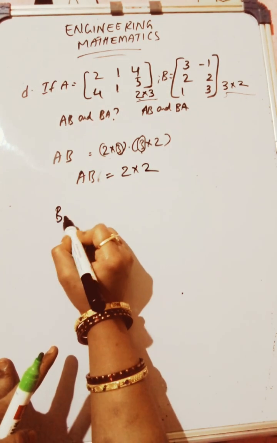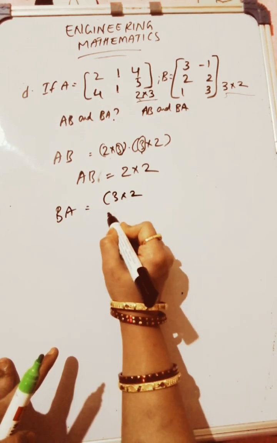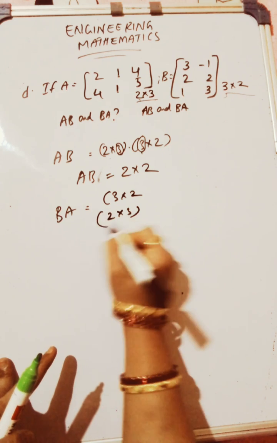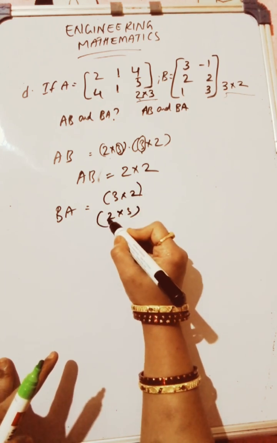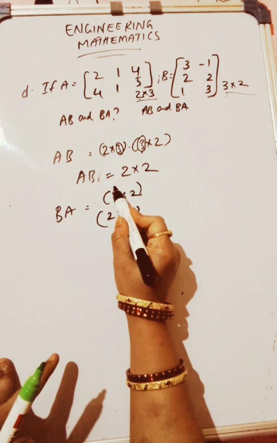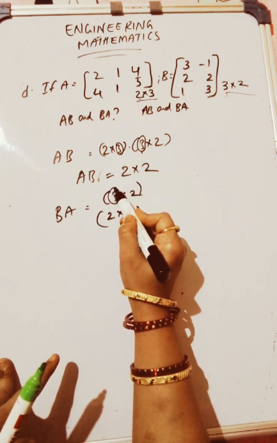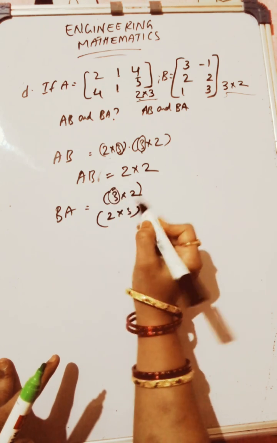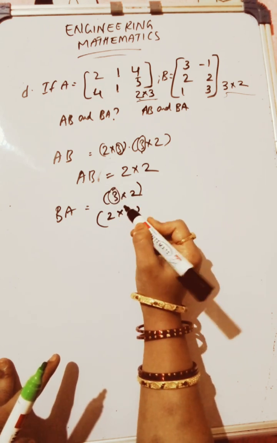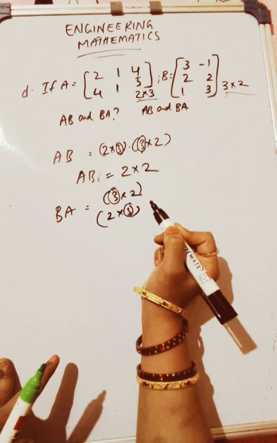Similarly, BA is a 3 by 2 matrix times a 2 by 3 matrix, isn't it? For matrix multiplication, the number of columns of the first matrix should be equal to the number of rows of the second matrix. Is 2 equal or not?